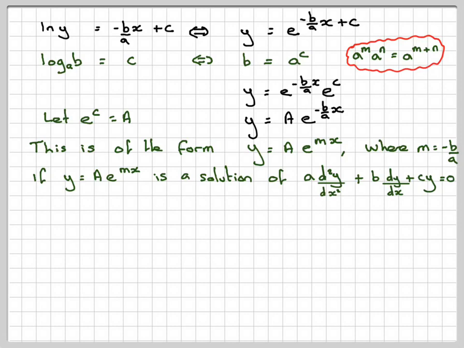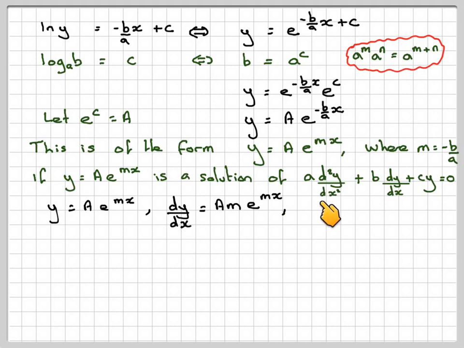So if y is equal to A e to the mx, we're going to need to know dy by dx. So differentiating this, you bring down the m in front and write down the same thing again. So dy by dx is A m e to the mx.